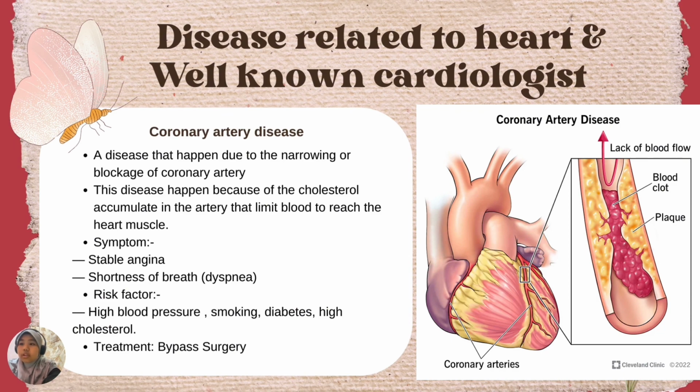The vessels get narrowed because of the formation of plaque composed of cholesterol, and that cholesterol accumulates in the artery, causing a limitation of the blood supply. Thus, a limited amount of blood can reach the heart muscle, and in the future it will cause some symptoms, for example chest pain, shortness of breath, and also heart attack in severe cases.